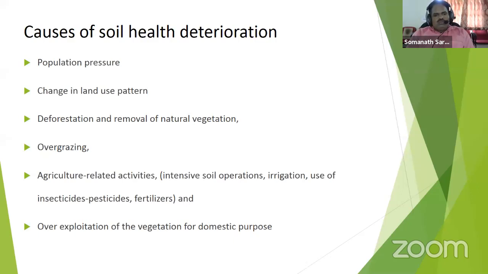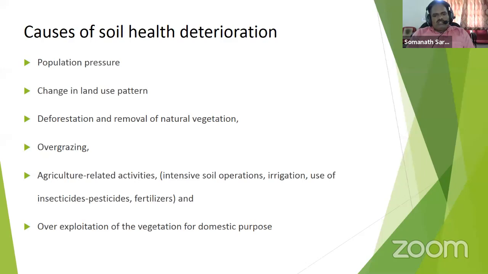The use of insecticides, pesticides, and fertilizers in high quantity also deteriorates the soil health, and it also pollutes the water of the natural streams, when, during high rainfall, the runoff from the crop fields carries the residues of insecticides, pesticides, and fertilizers, and it deteriorates the natural water streams and ultimately pollutes our water bodies, and it ultimately affects human health also.